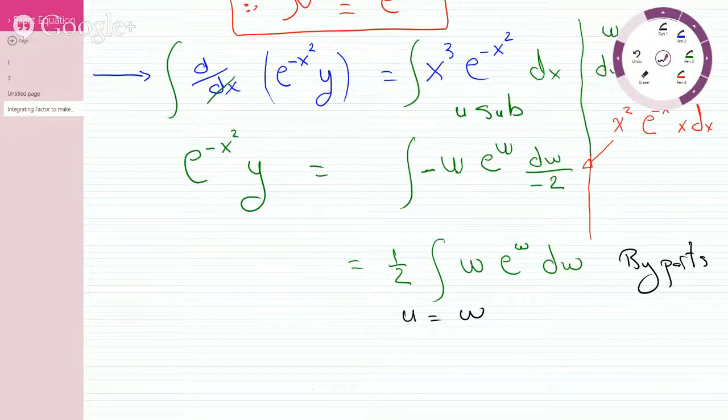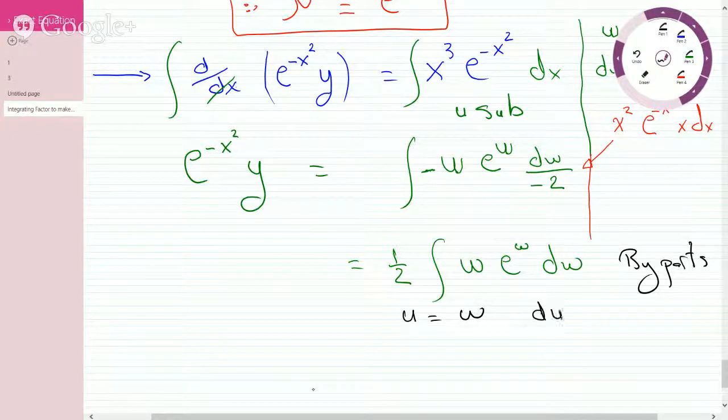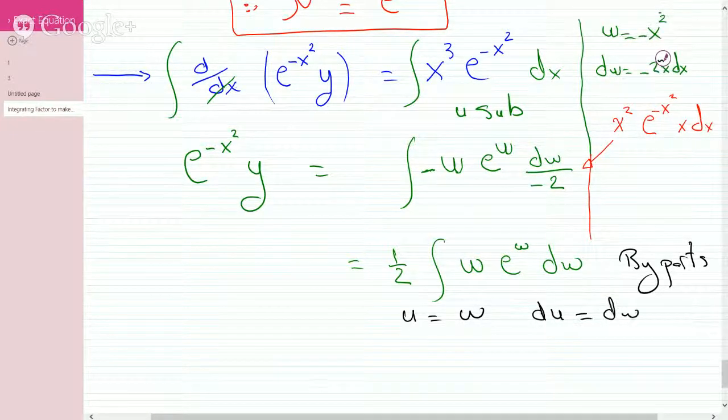Okay, so back to by parts. So u equals w, which makes du equals dw, and dv equals e to the w dw, which makes v equals e to the w.